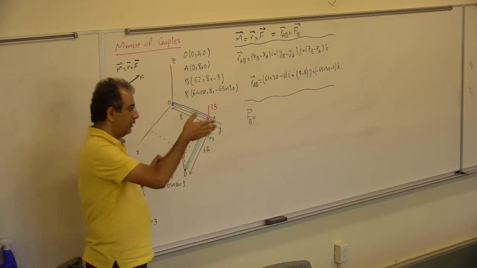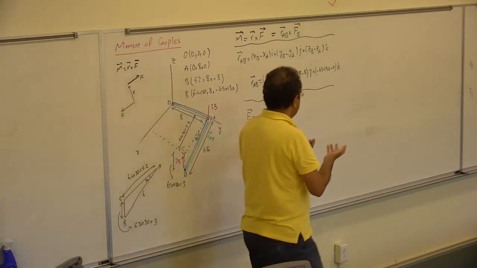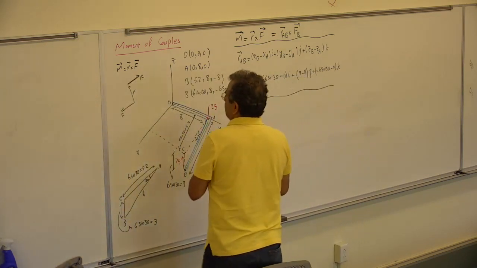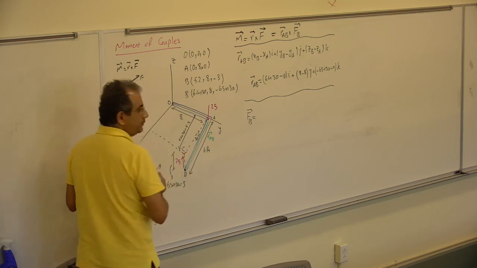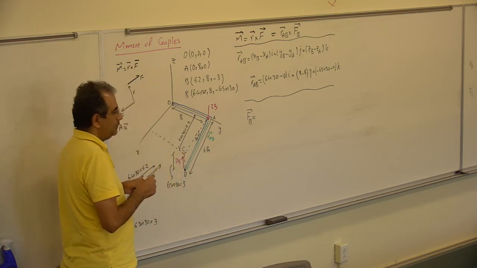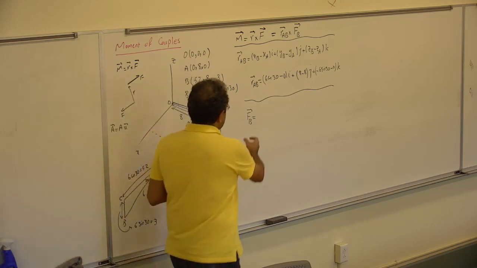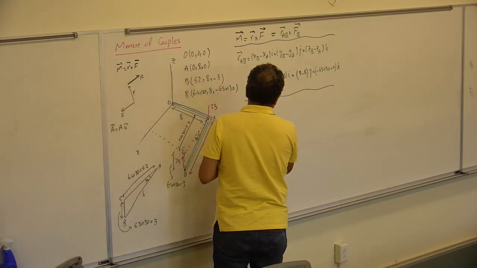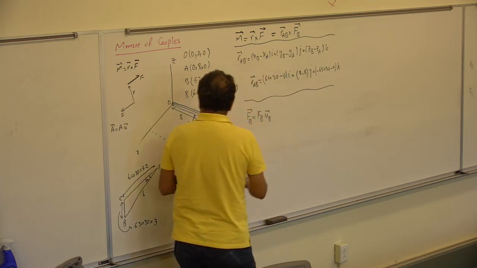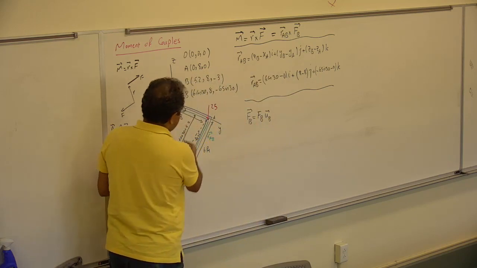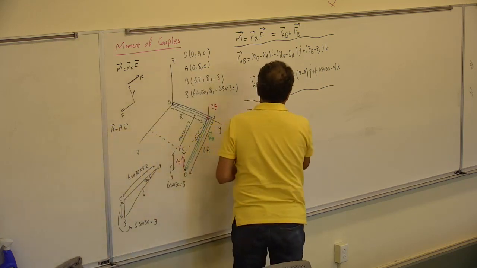If the vector is parallel to the axis, remember that any vector, so assume vector F, is its magnitude times the unit vector along the FB.